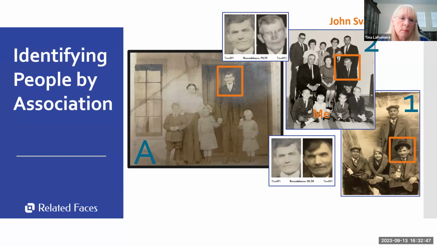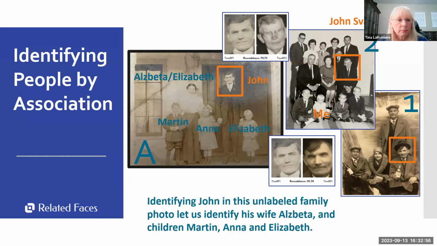Positively identifying Gramps in this old family photo means, by association, I can identify the other members of the photo. The birth order of the children was further confirmation of the identities because they fit my family: Martin, then Anna, then Grandma Elizabeth. Grandma was born in 1910, so I date the photo around 1913.